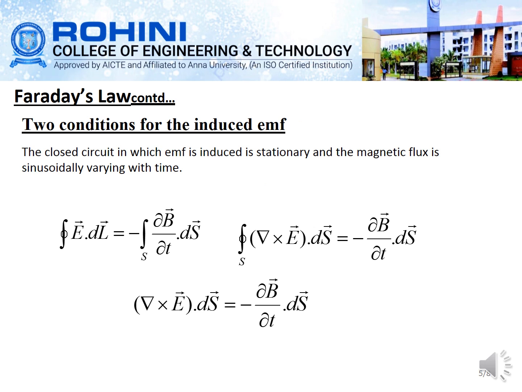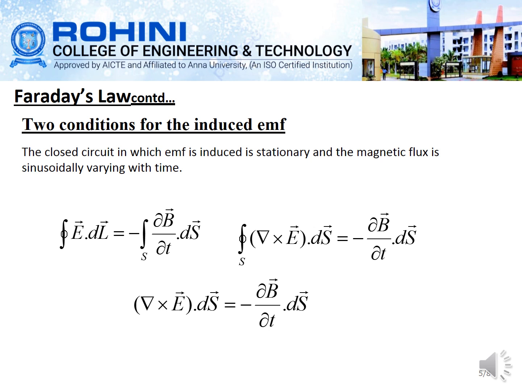First one is stationary, and from that we can say that the flux changes with the varying quantity of time. And also by using the partial derivative we can find the relationship of this B vector, that is, we can write it as integral of E vector dot dl vector is equal to minus integral of ∂B vector by ∂t dot ds vector.